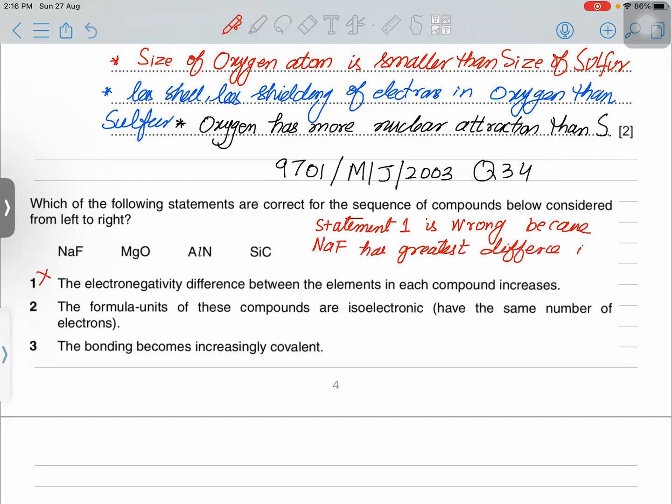Why? Because one is group 1 and the second one is group 7, 17. So you know that group 17 has the highest minus group 1, which has the lowest. Now tell me, will you obtain the lowest value or highest value?